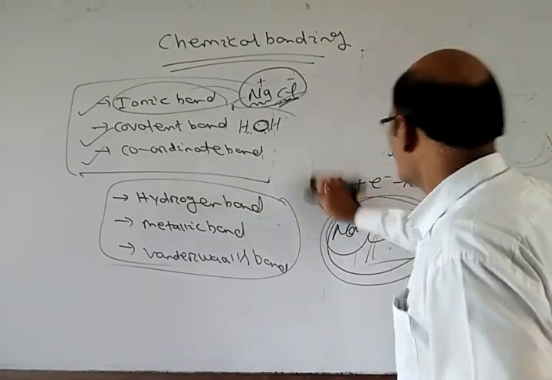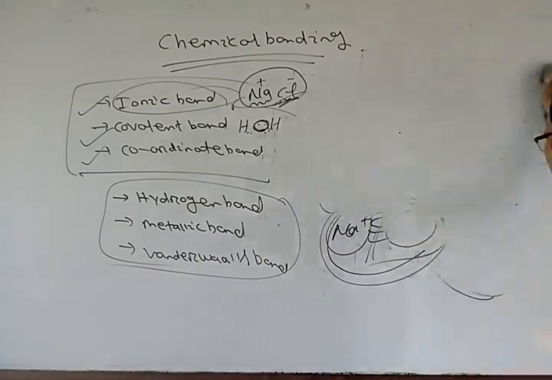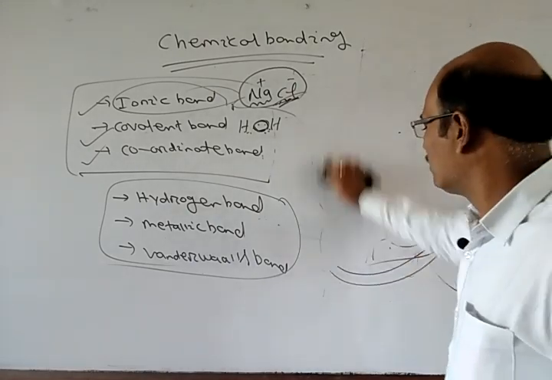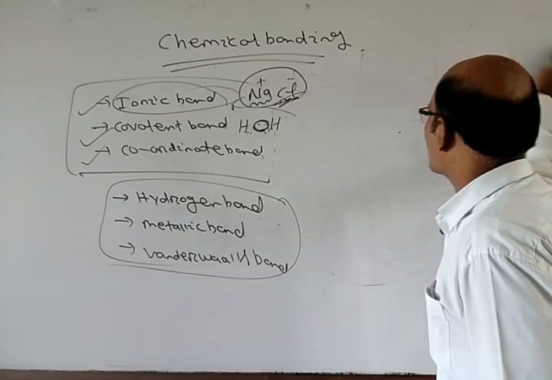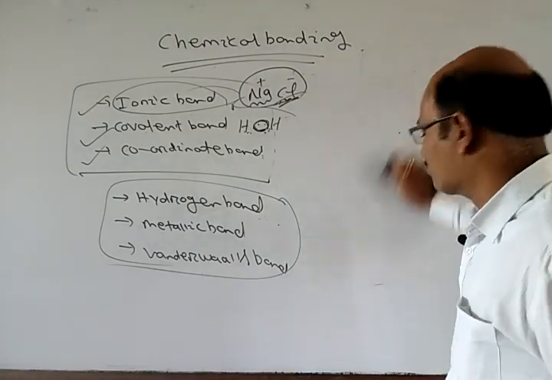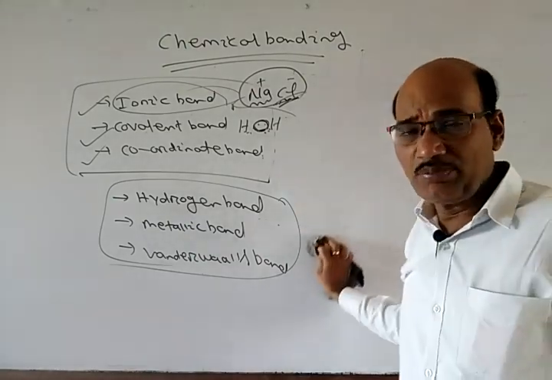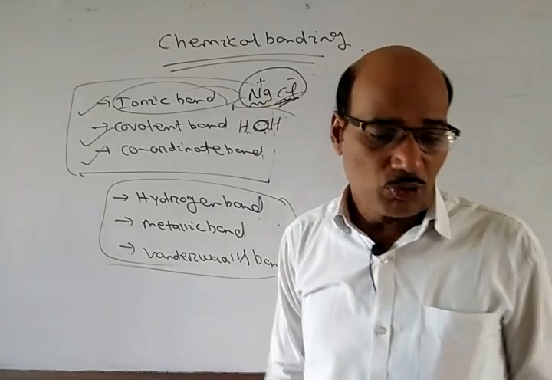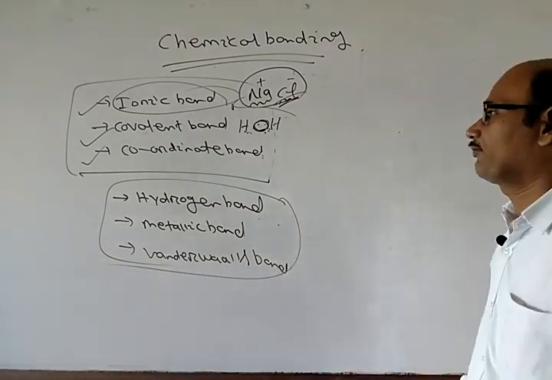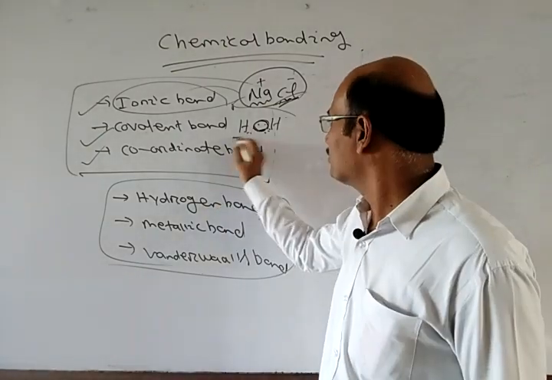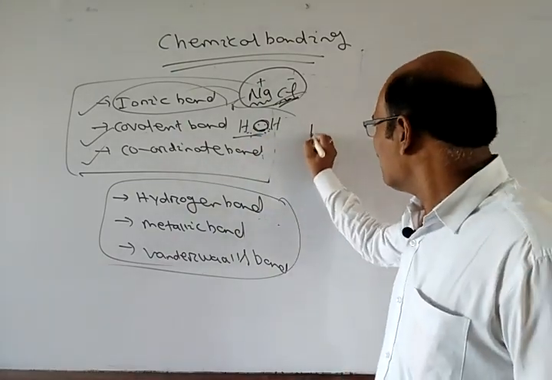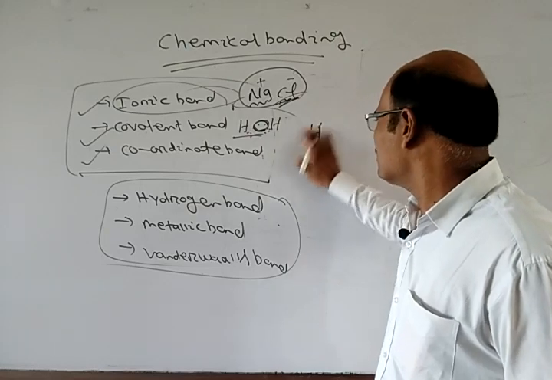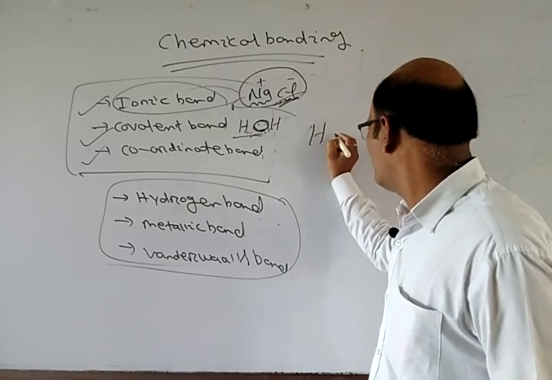So here the chemical bond is formed by the complete transfer of electrons from one atom to the other. The atom which gives the electron becomes positively charged, the atom which takes the electron becomes negatively charged, and between the positive and negative charges there is a force of attraction called the ionic bond. Now see the covalent bond. If I take hydrogen, we have only one electron.